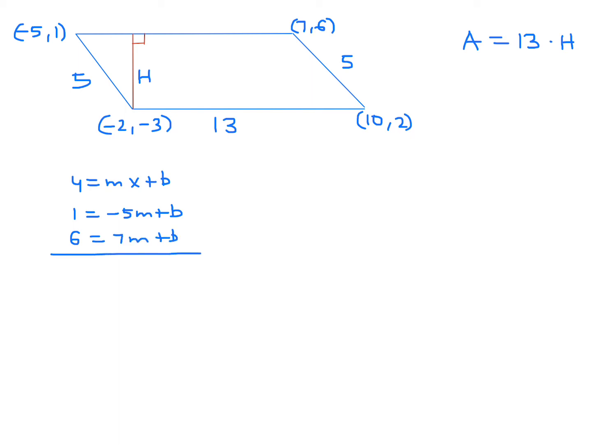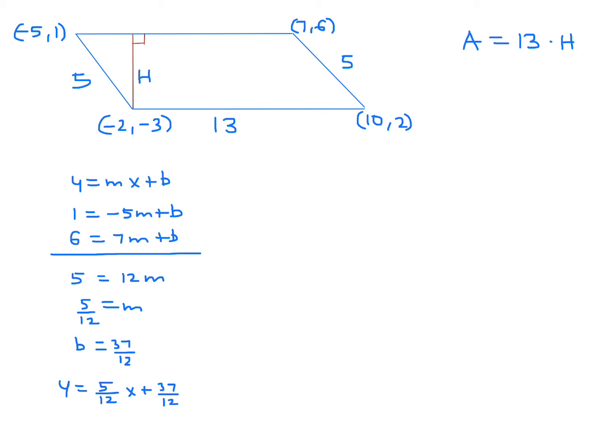And then if these are subtracted, we would get 5 is equal to 12m, since the b's cancel, so m is going to be 5 over 12. Substitute that value of m back into either one of those, and we would get a value of b of 37 over 12. So that first equation is y is equal to 5 over 12 x plus 37 over 12.